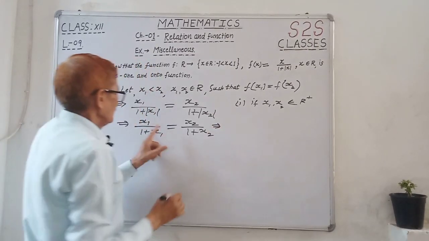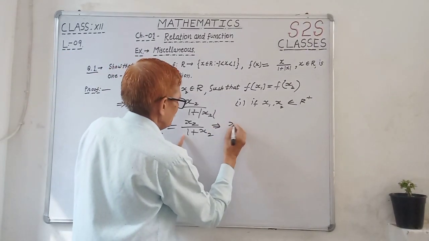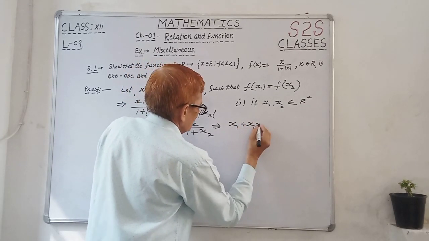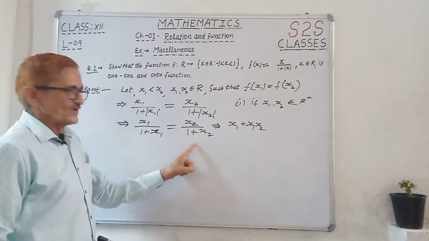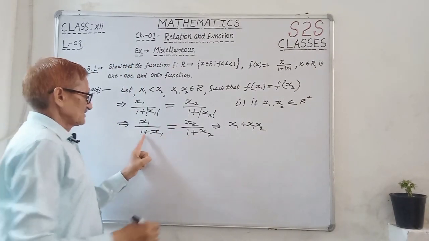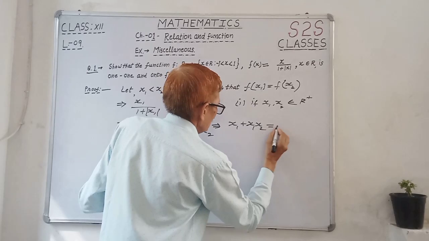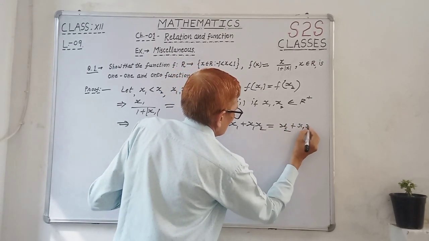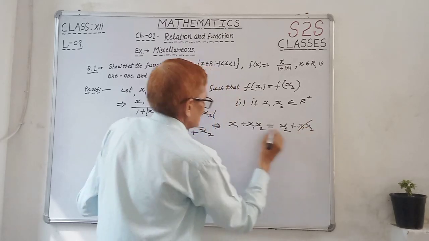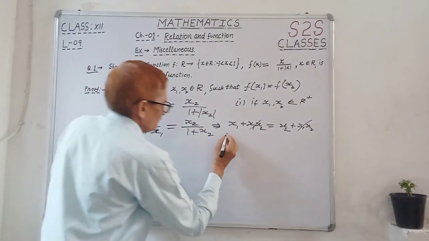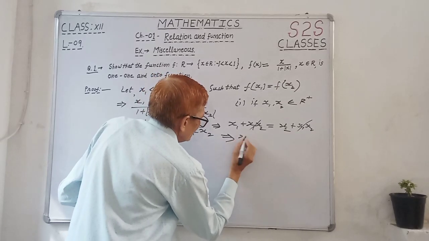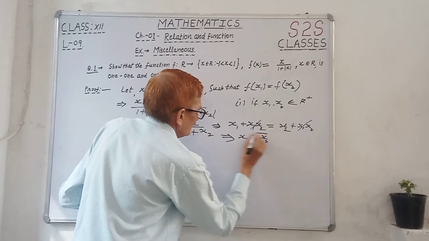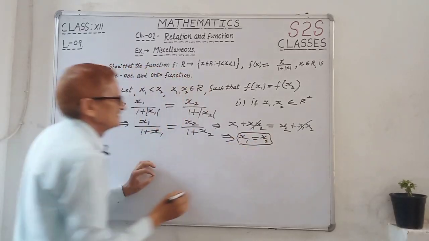This implies cross multiply: x1 plus x1 into x2, simplify by cross multiply, then x2 plus x1 x2 equal to x1 x2 same will cancel, so this implies x1 equal to x2. In this case it is 1-1, clear.